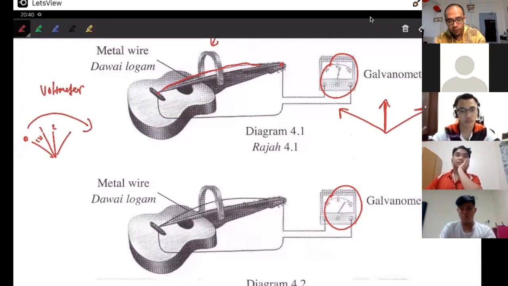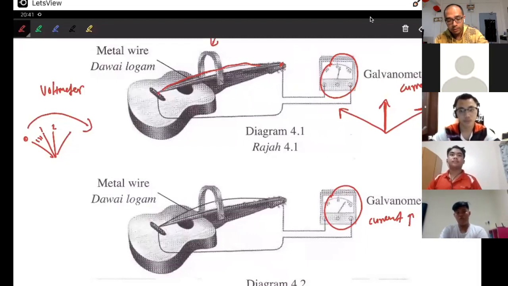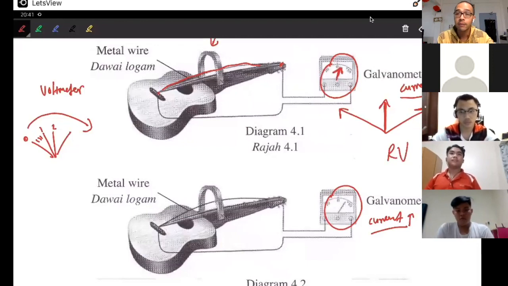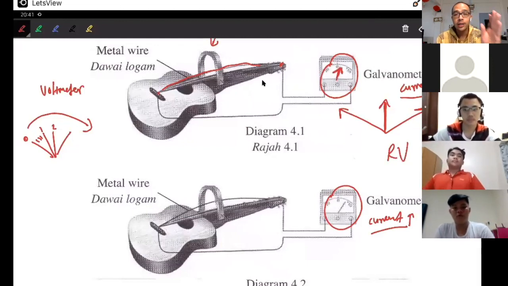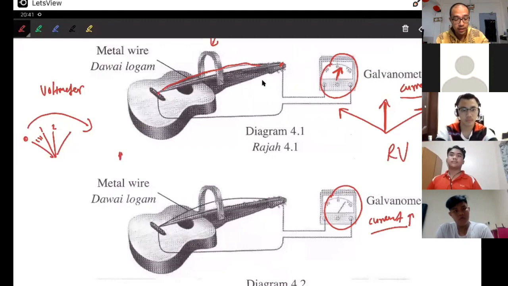So obviously we find that over here the current is high and here the current is low, because the arrow over here is nearer to 0 compared to here. And because the galvanometer measures current, you know this is the RV, the responding variable. So what we read is the RV, which is the current. What about the manipulated variable, the MV?